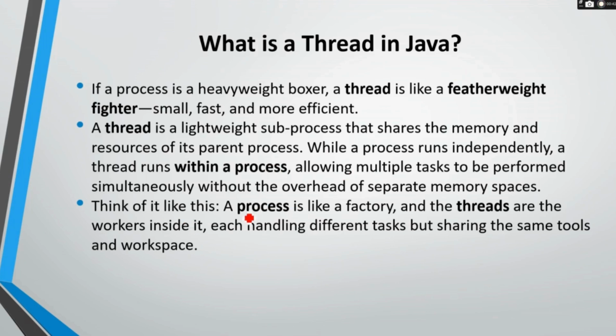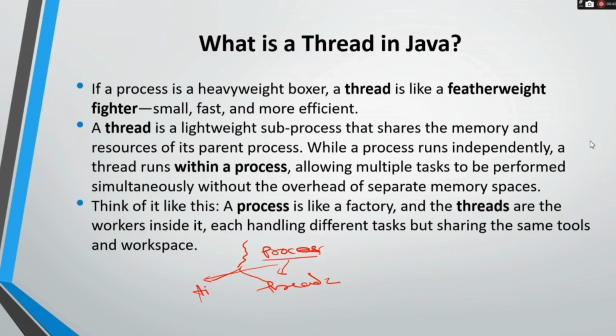For example, we're executing one process. Then we will create some sub processes, suppose thread 1 and thread 2. They will share the common resources that are present for the parent process.